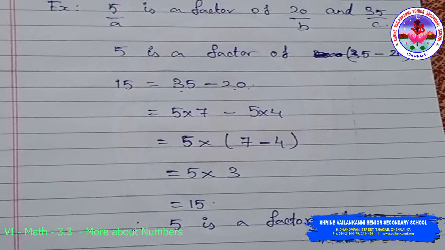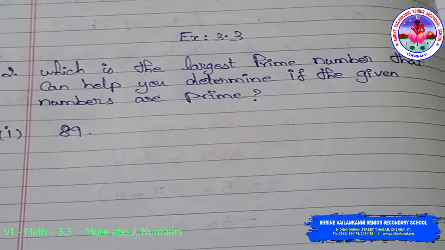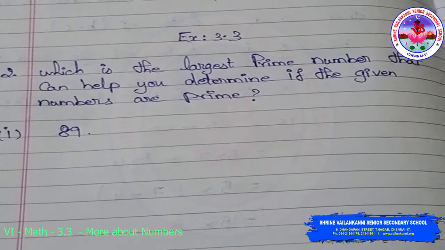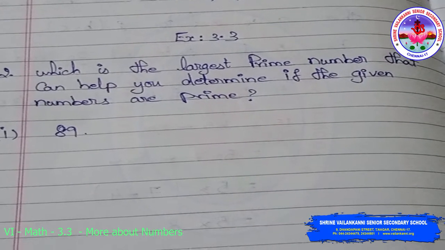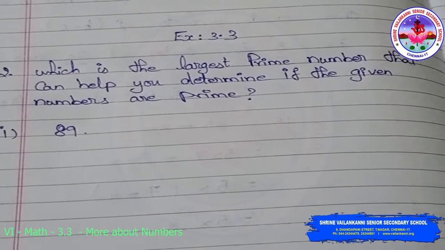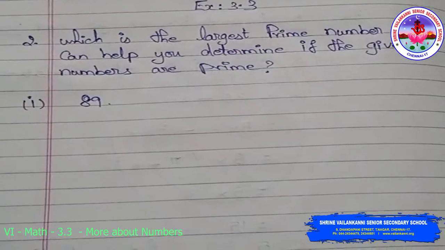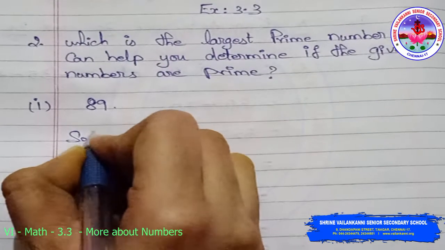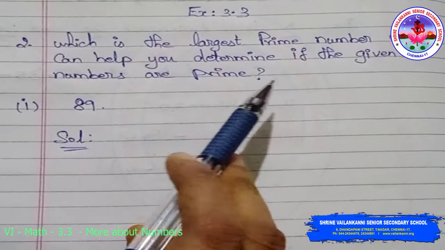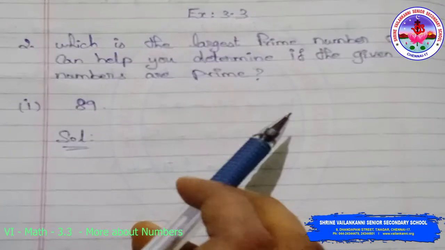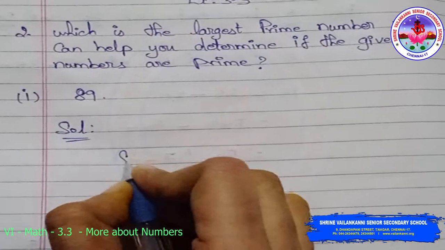Exercise 3.3, second question. Which is the largest prime number that can help you determine if the given number is prime? The number is 89. Solution. 89 divided by prime numbers.